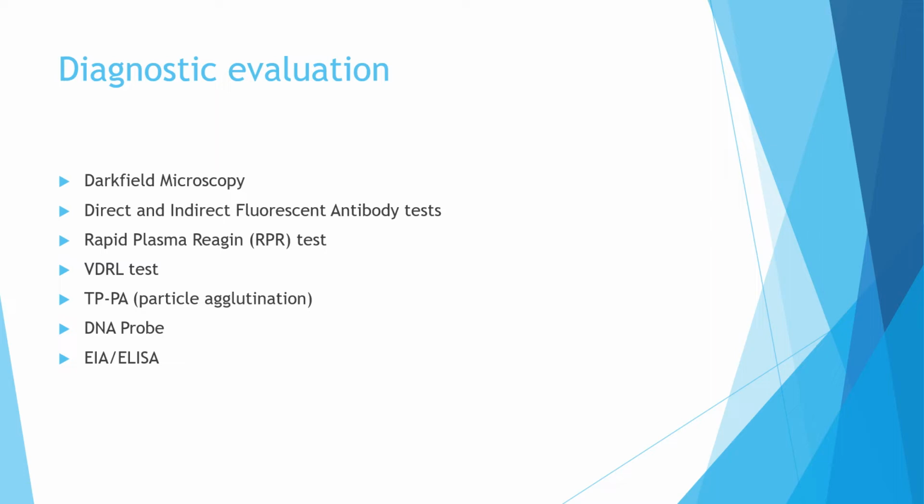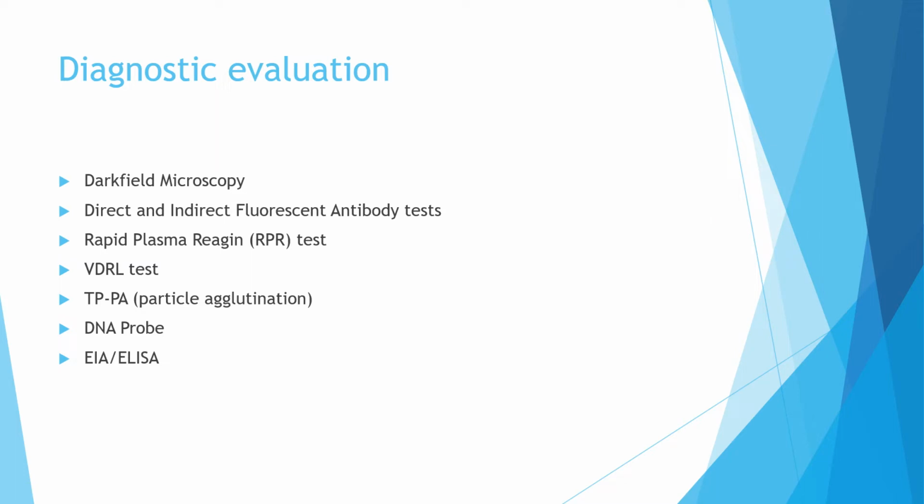We can do rapid plasma reagin, which is the RPR test, which is a screening test where we're screening for syphilis in the serum. And we can do the VDRL test, which is an antibody test or a screening test in cerebrospinal fluid. We can do TPPA, which is Treponema pallidum particle agglutination, where we have gelatin particles that are sensitized with Treponema pallidum antigen.